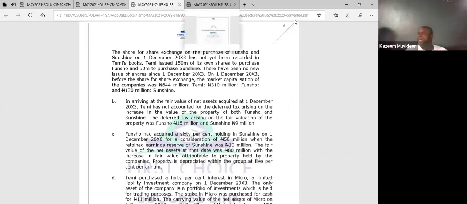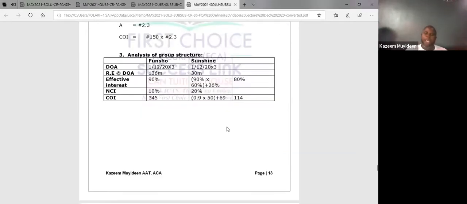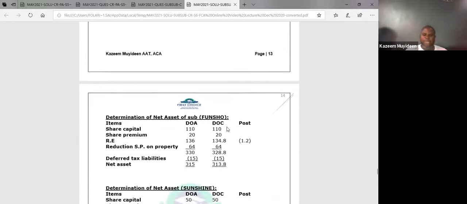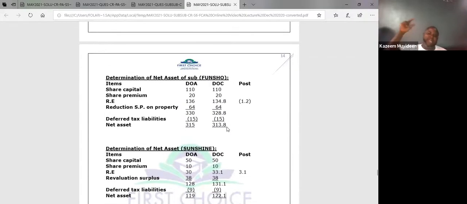So I can take it to my cost of investment. I can determine the net asset. Which net asset in Sunshine am I going to use? The net asset on the date, 2003, 128. I'll pick the share capital. The retained earnings has been given to be 30. He said the difference resulted in what?